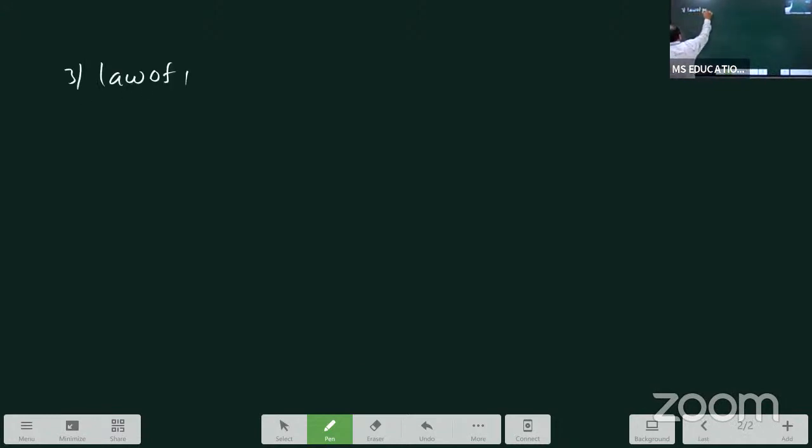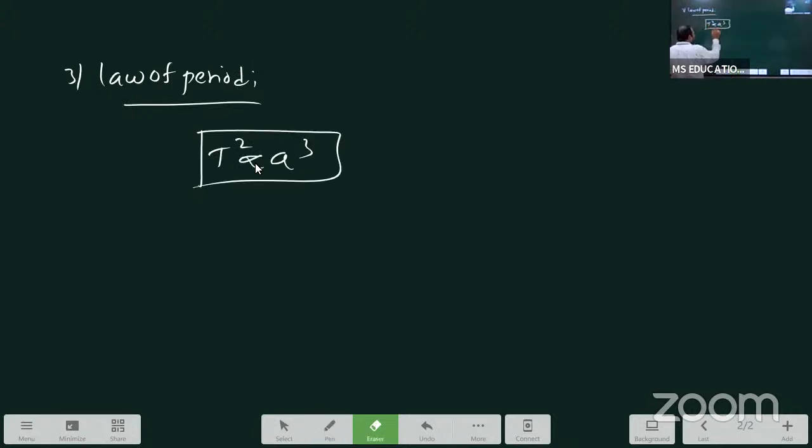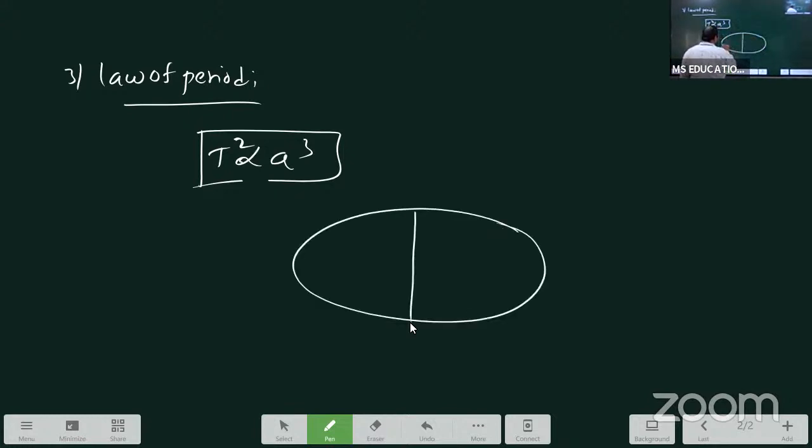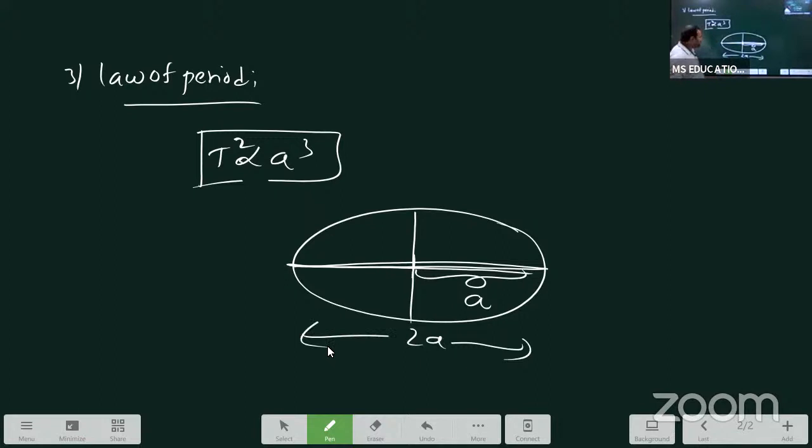What does the law of period mean? T square is directly proportional to the cube of the semi-major axis. What do major axis and minor axis mean here? This is the major axis. Semi means half. The major axis has total length 2a.